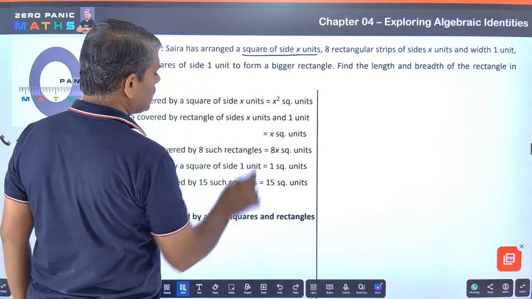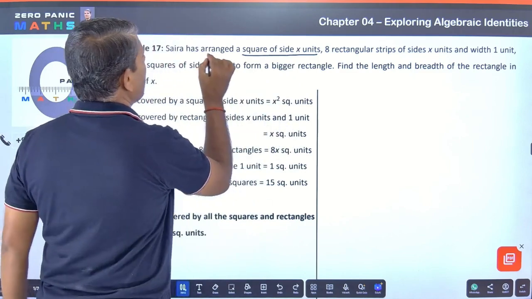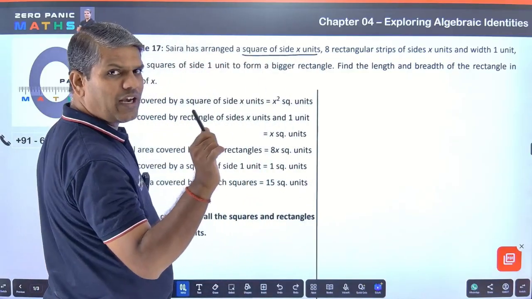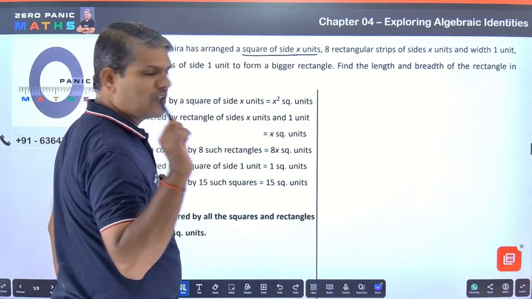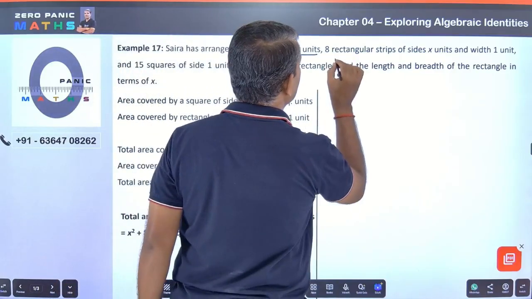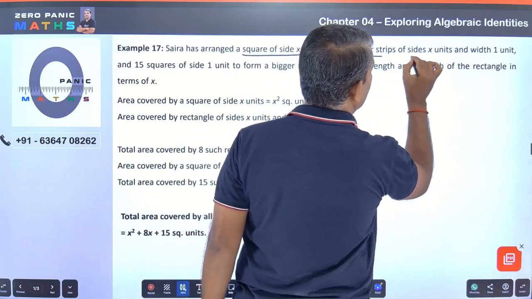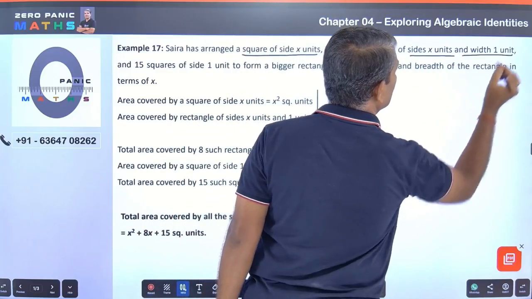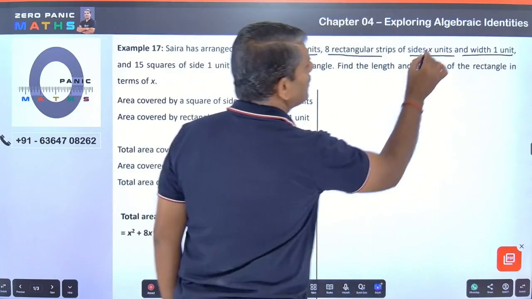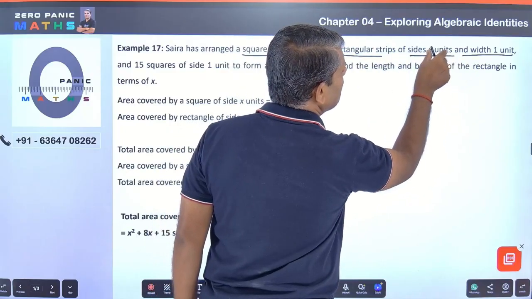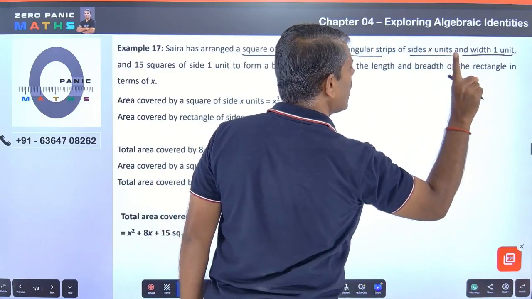In this example you will observe that Saira has arranged a square of x units. That is one piece of information. Second, 8 rectangular strips of length x units and width 1 unit. So there are 8 rectangles with one side x units and the other side 1 unit only.